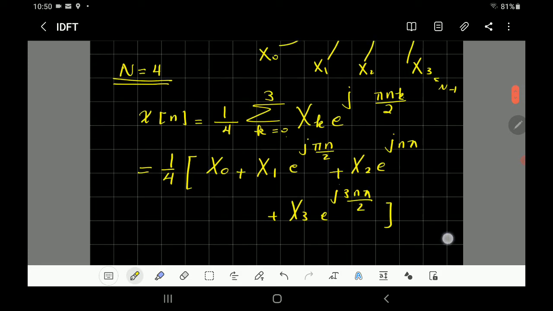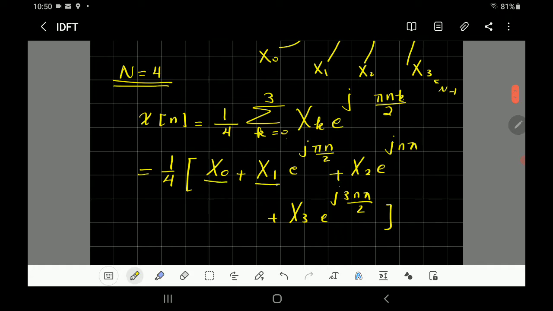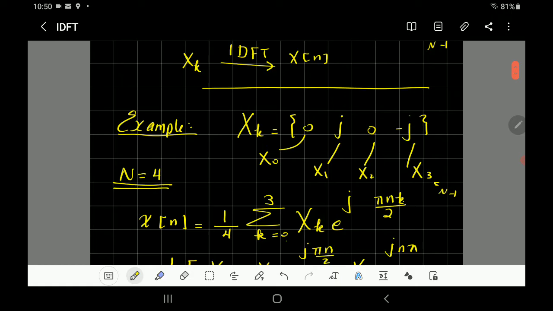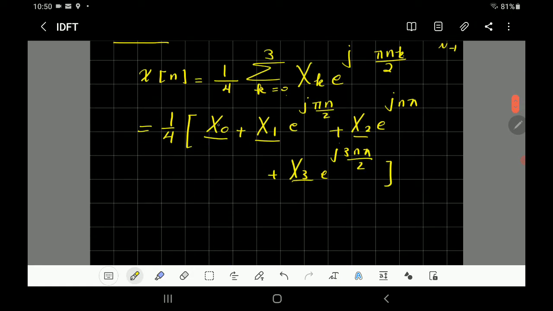Now I start to find the values of X[0], 1, 2, 3, and substitute. So I have 0, j, 0, minus j. So what's left? j and minus j.